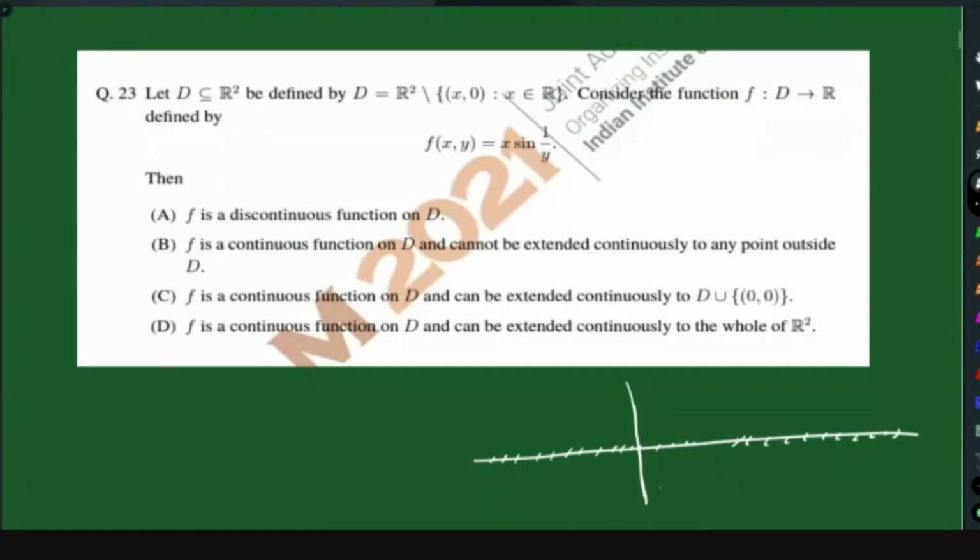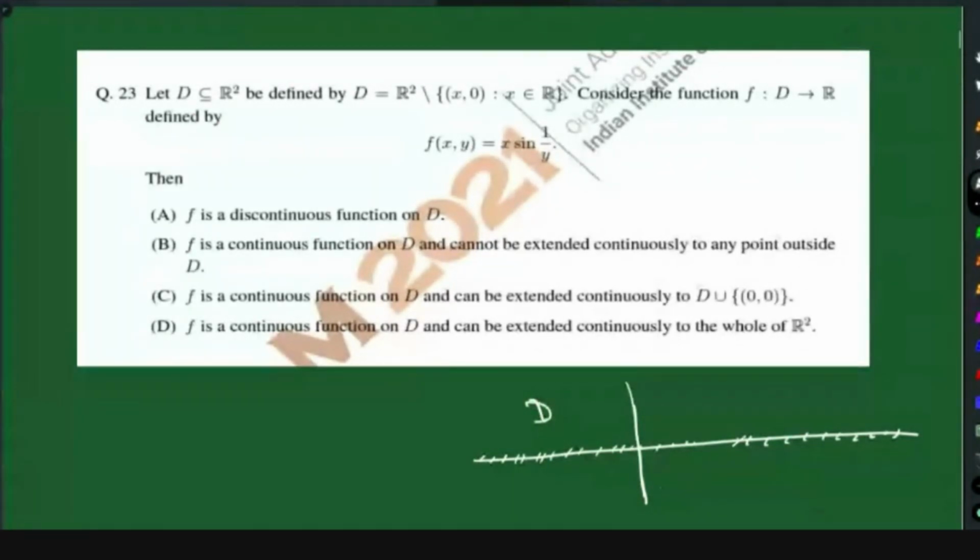Now the function is f(x, y) equals x times sine of 1 by y. So what can you say about this function? Whether this function is continuous on entire D? I'm talking only about D, not including the x-axis. So D is the remaining points.